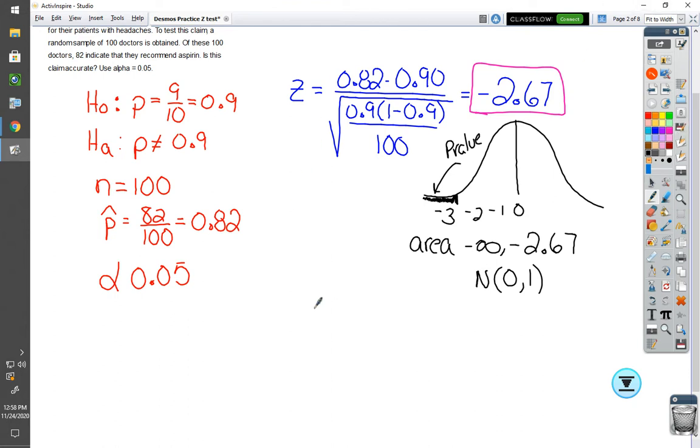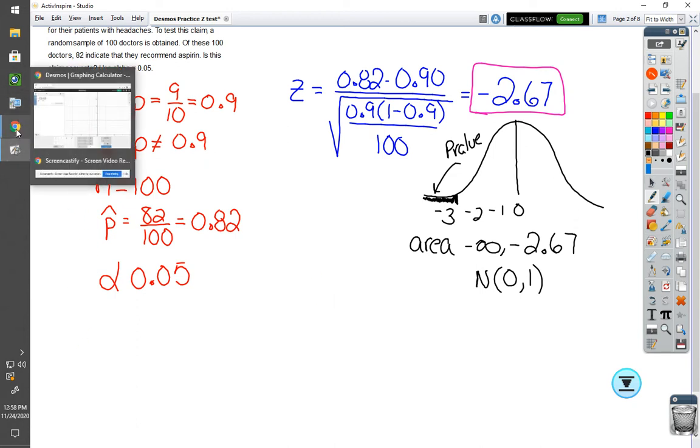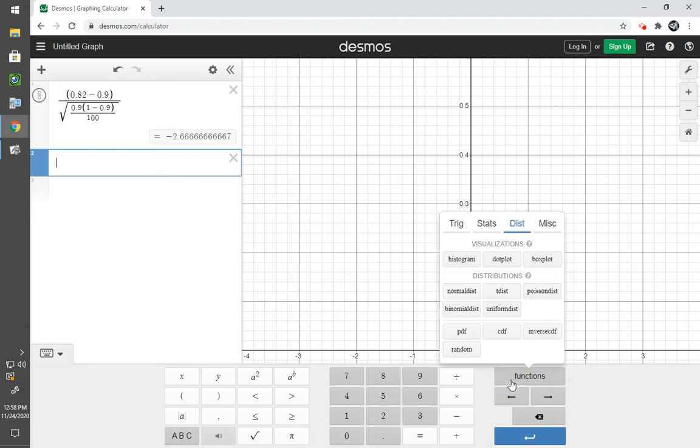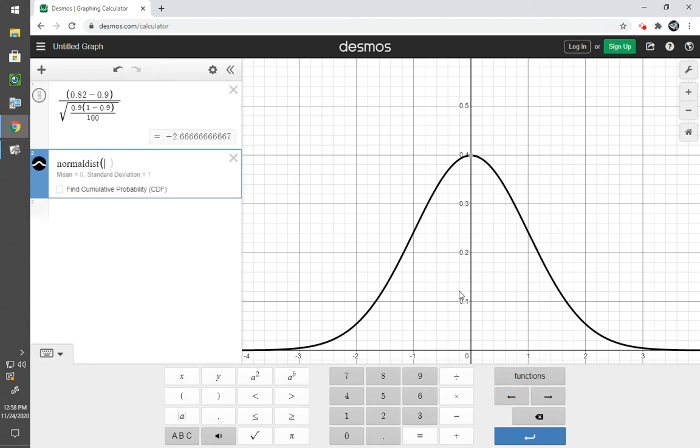If you're using a TI-84, then you would use the TI-84 directions that you have from previous courses. But this is about Desmos, so that's what I'm going to do. I go to my keyboard, find functions, look for the distribution tab, and look for the normal distribution with 0, 1. It is the default, but I like to put it in so I can see it.